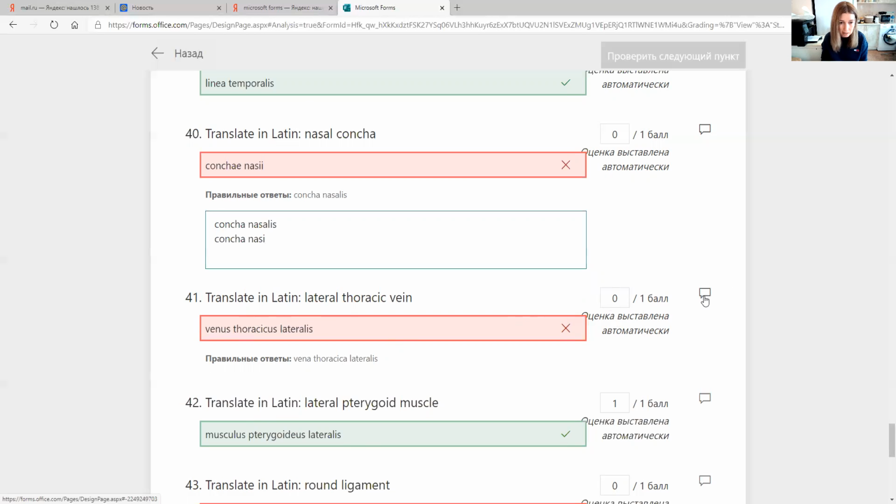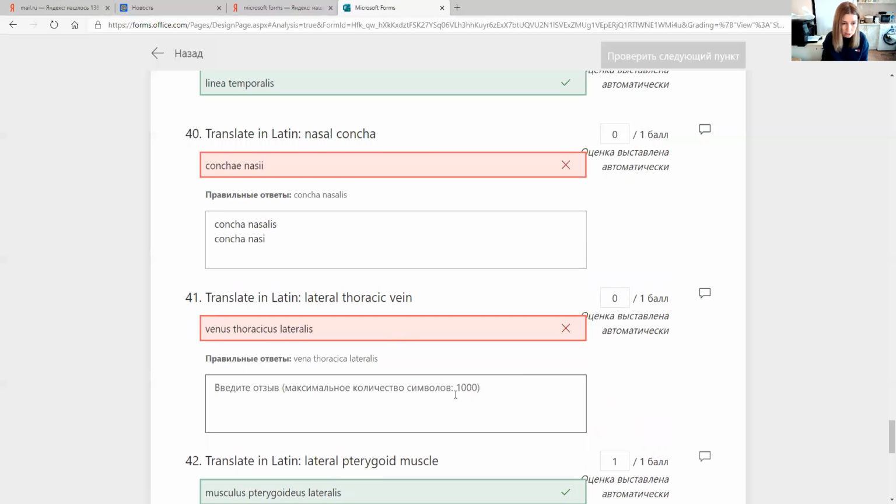Vena thoracica lateralis. Order here is normal, but vena is incorrect. You see, Venus is not a Latin word, vena. Vena is feminine, so vena thoracica lateralis.